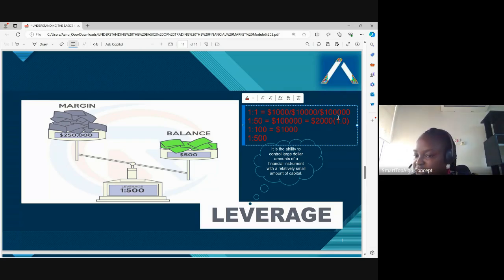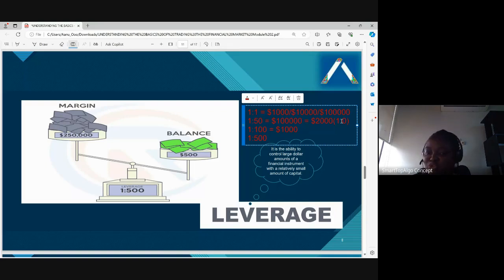So if you don't have up to $2,000, you can never use 1.0 lot if you use a leverage of 1 to 50. Now, if you are using a leverage of 1 to 100, before you can trade with 1.0, the standard lot, you need to have up to $1,000.